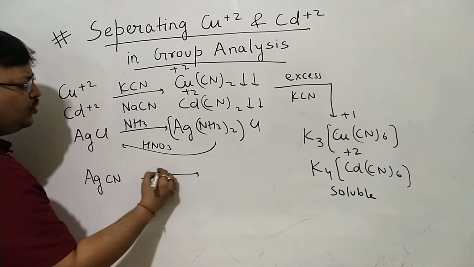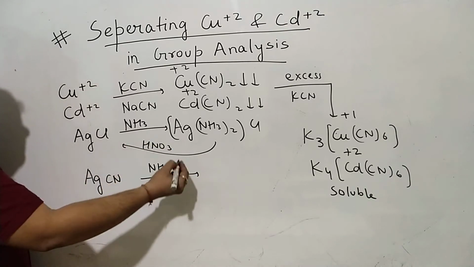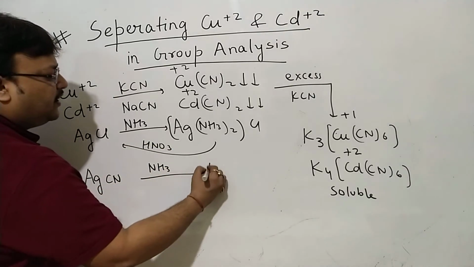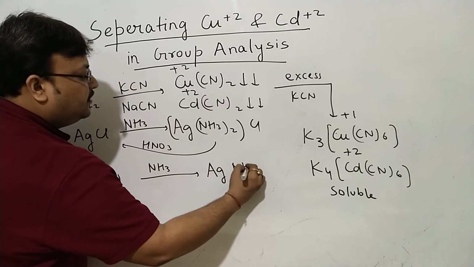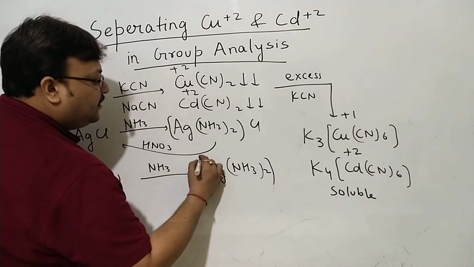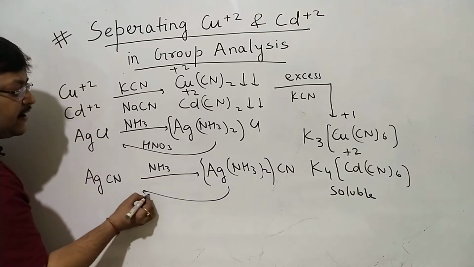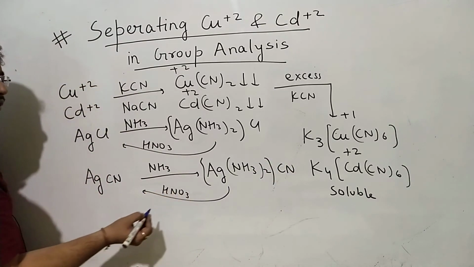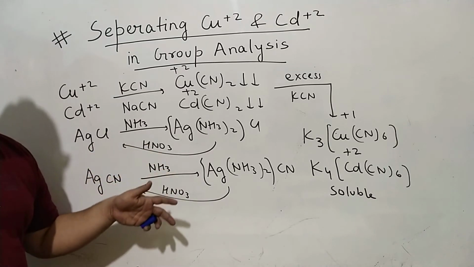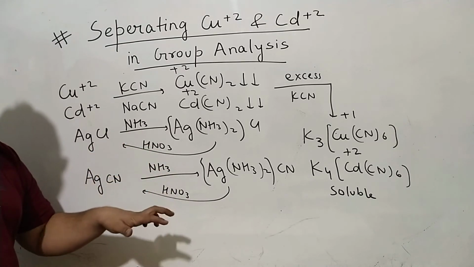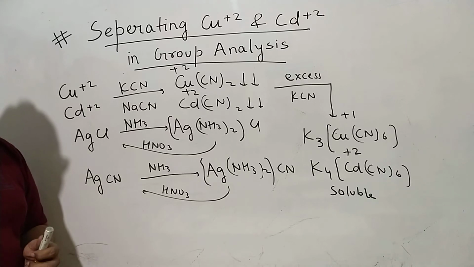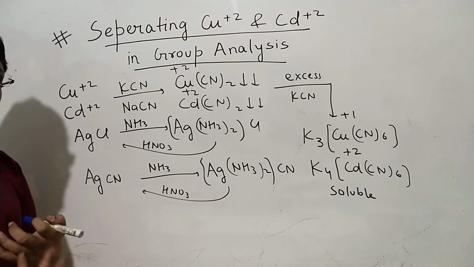AgCN would do identical reactions. AgCN with ammonia will become soluble. Instead of chloride, we'll have a cyanide complex. This also comes back on adding nitric acid. The way you prepare chlorine, bromine from HCl, HBr on oxidation, you can get cyanogen by treating HCN by oxidation.